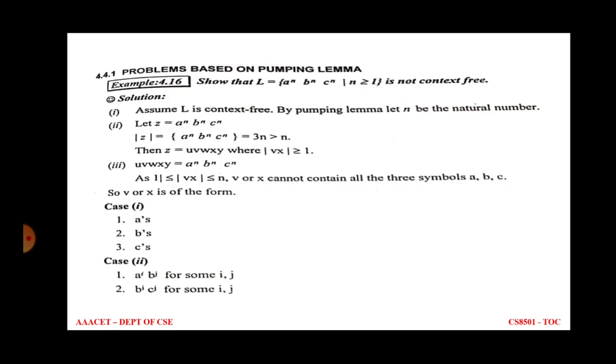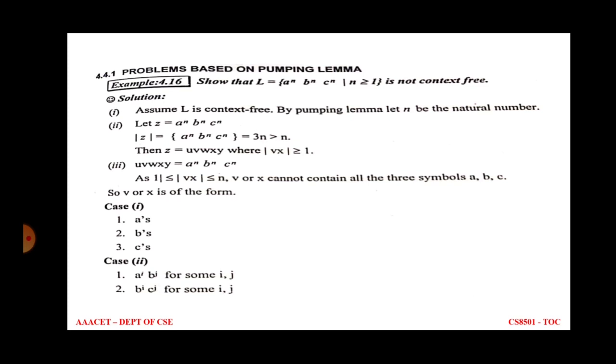So here the input string is a^n b^n c^n, which is equal to Z. The modulus of Z is nothing but the total length of the input string a^n b^n c^n, so the power values should be added: n plus n plus n is 3n. So modulus of Z is equal to 3n, which is always greater than small n.